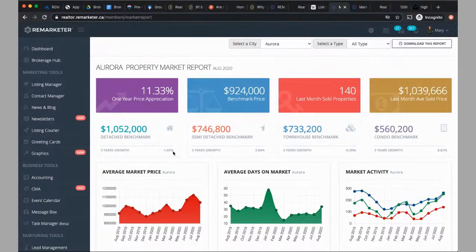So we're pretty much at the same price as 3 years before. However, semi-detached properties have grown about 3%. So this one was negative 1.65. This one was positive 2.84. If I'm looking at townhouses, for example, we were at negative 0.56 as well. However, condos have grown by 8%.